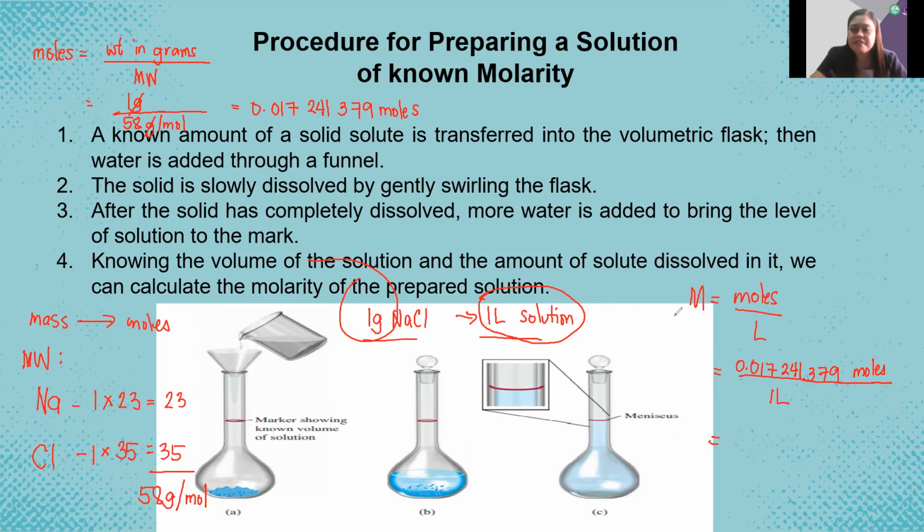So, syempre, let's divide this. 0.017241379 moles divided by 1 is still the same, 0.017241379 moles per liter. Or, simply, we can write this, depende sa instruction ko.